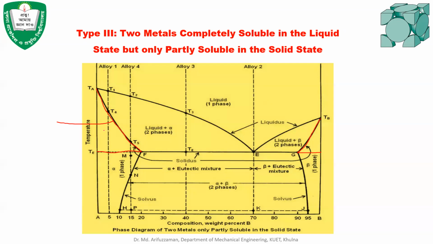When the temperature drops, the solubility increases up to this point. Solubility of B in A increases up to this point, and after that, in the solid state, the solubility decreases. When the temperature drops more in the solid state, the solubility of B in A actually decreases, and that is indicated by this line.